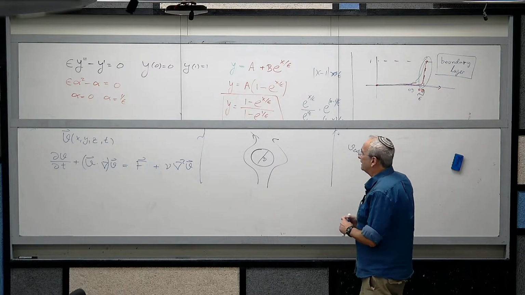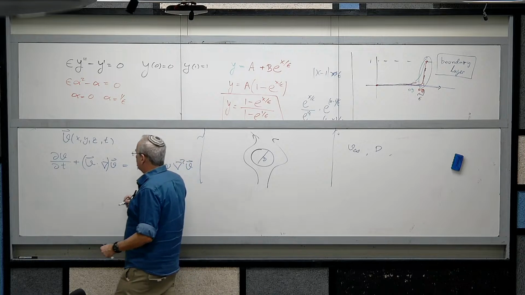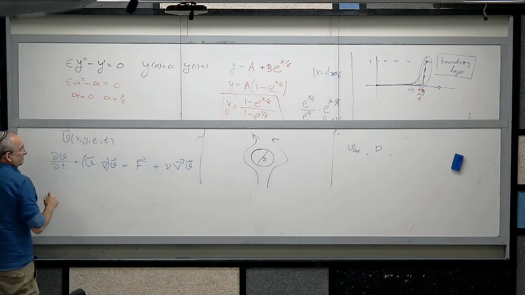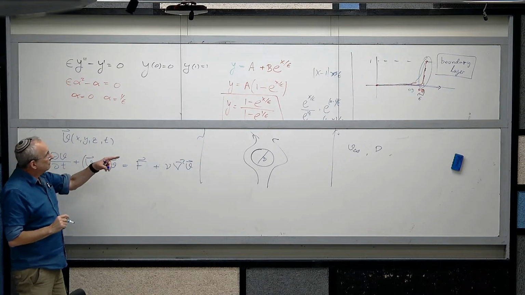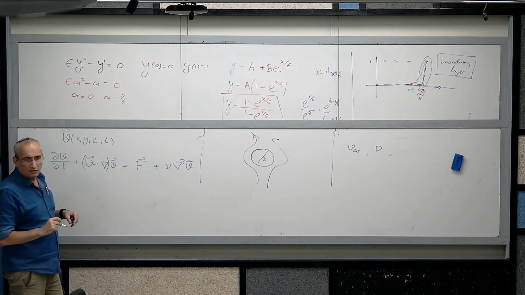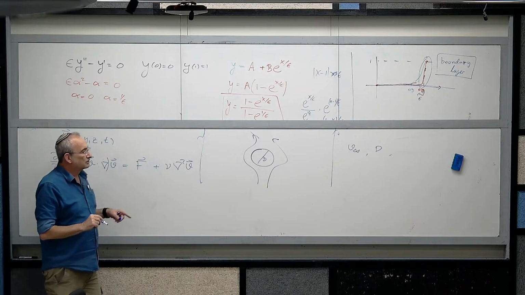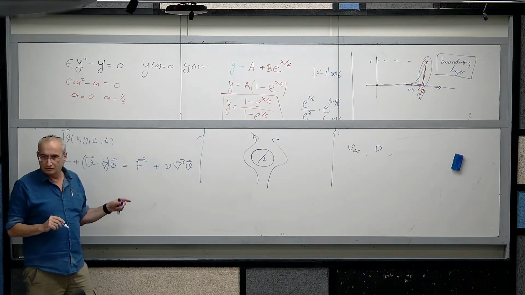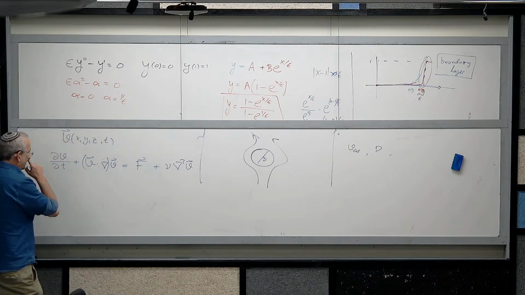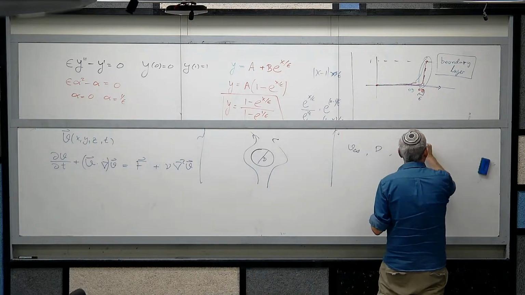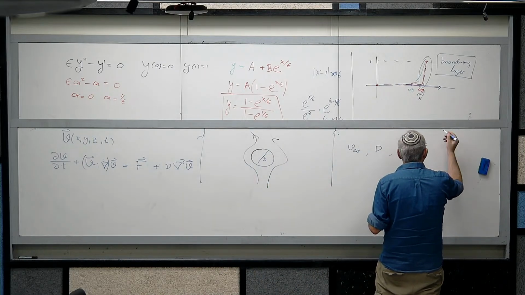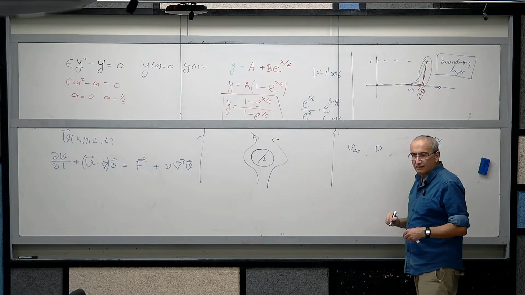So the idea is to measure velocities as a fraction of V infinity and to measure distances in units of d. First of all, velocity is dx/dt.